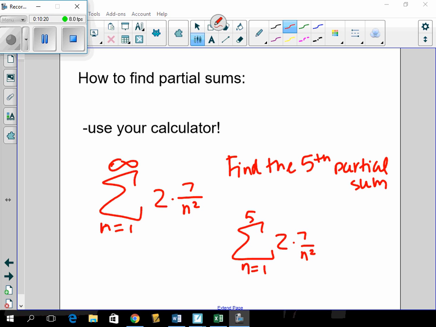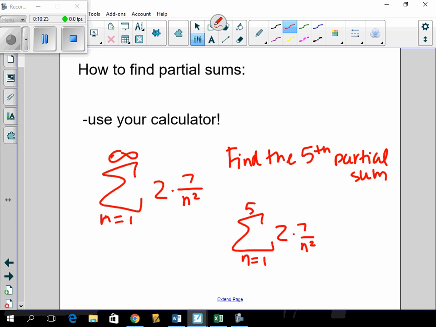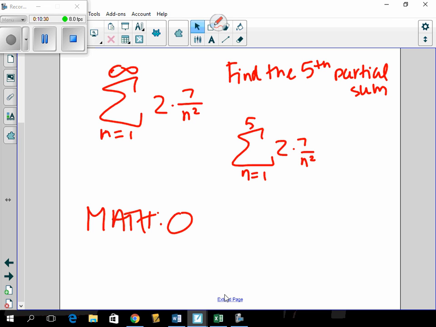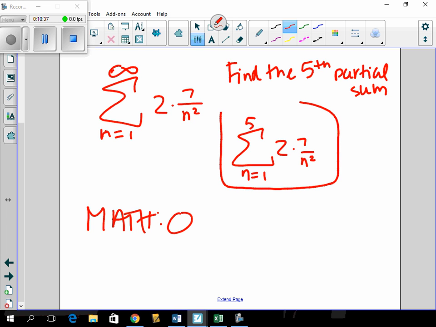We're going to use our calculator for this. We'll go over this in class, but basically all we need to press is math 0, and that gets us to our sum, and we just plug in whatever we want to sum up to. In this case, I'm plugging this box right here into the calculator, and I get 20.4905.